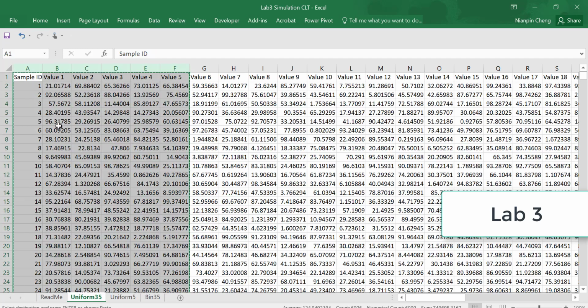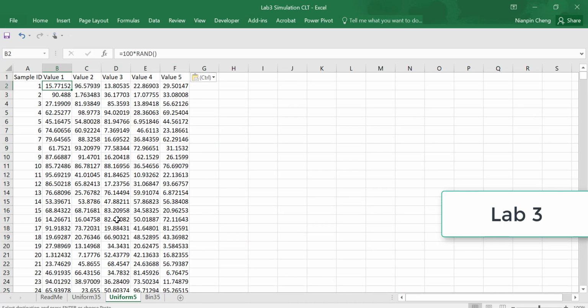You see the values are different because every time you do an operation in Excel, the random seed changes. So every time I select 5 data points from the same population, which is a uniform distribution between 0 and 100.